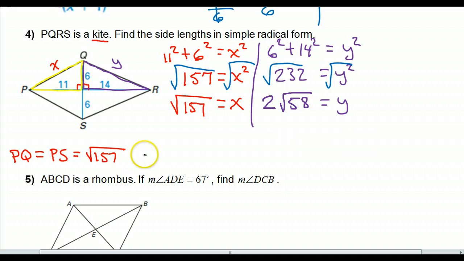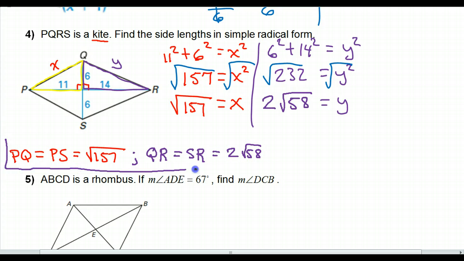Okay, so that's the rest of my answer. That's QR and SR. So QR, which equals SR, will equal 2 radical 58. Okay, so these are the answers to number 4.